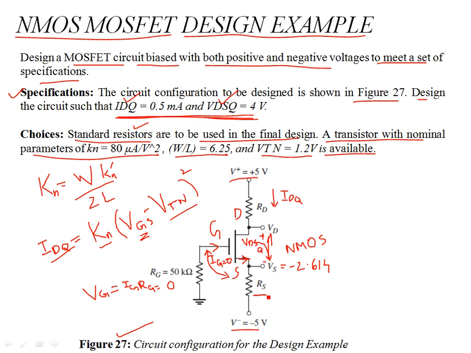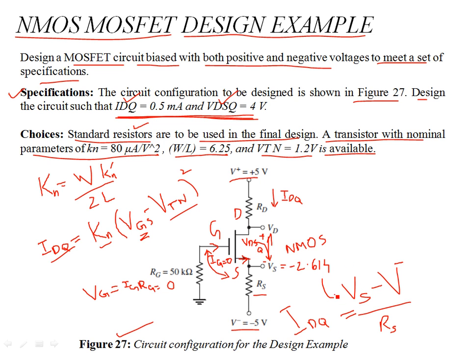So how do you find RS now? We need the biasing resistors. You see, this will be VS minus V negative, that is the negative supply, at the source, divided by RS, which is basically your IDQ. We know IDQ is 0.5 milliamps. We know VS is minus 2.614 volts.